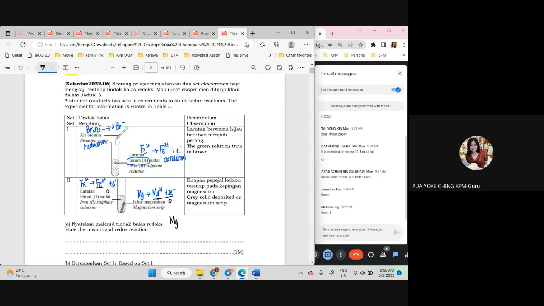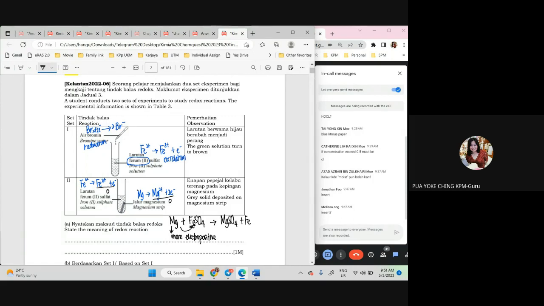Mg plus FeSO4. You will get MgSO4 plus Fe. Ini ialah yang tadi cikgu kata Mg more electropositive. So, dia akan ganti Fe.